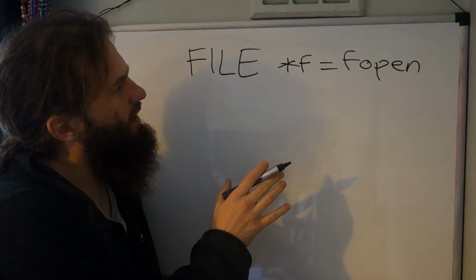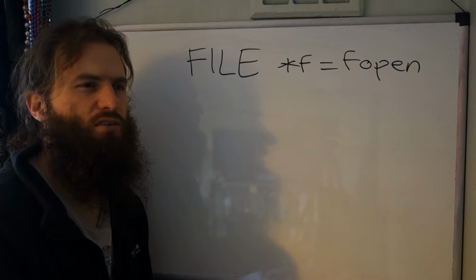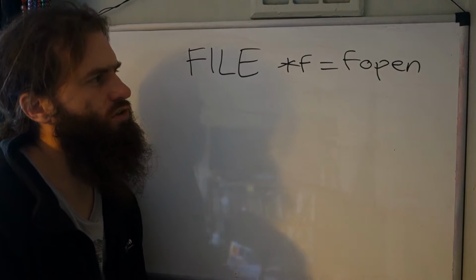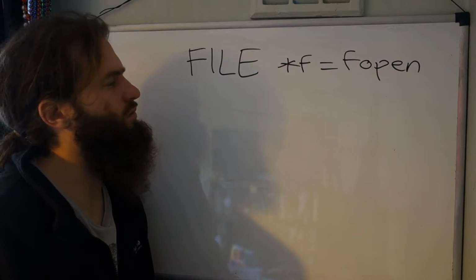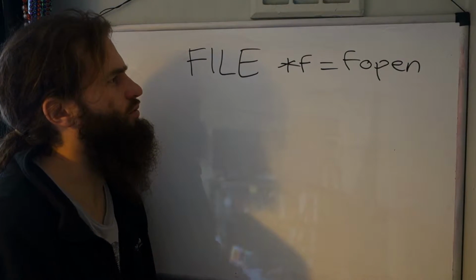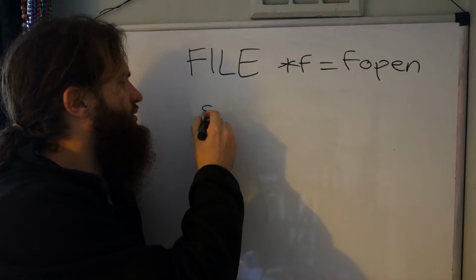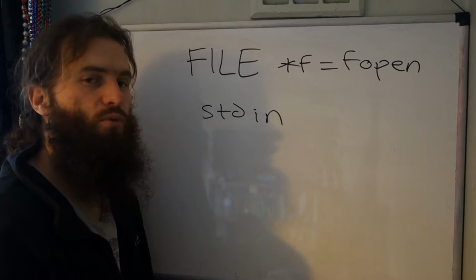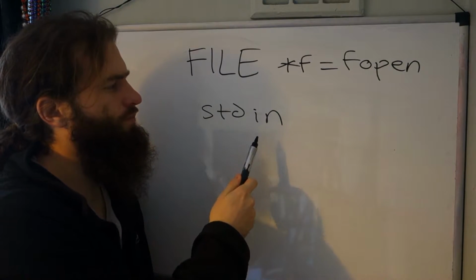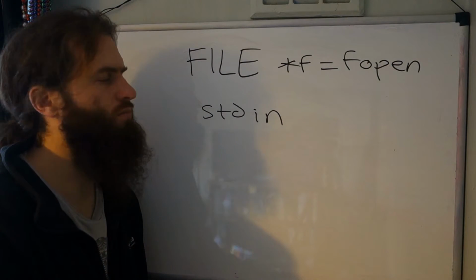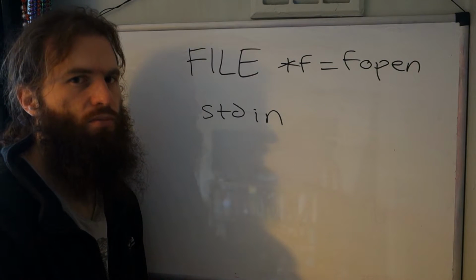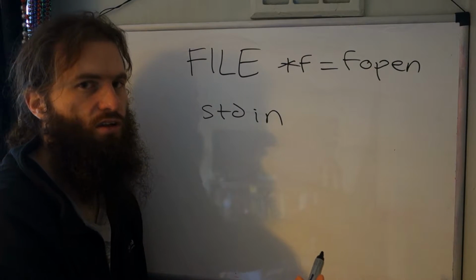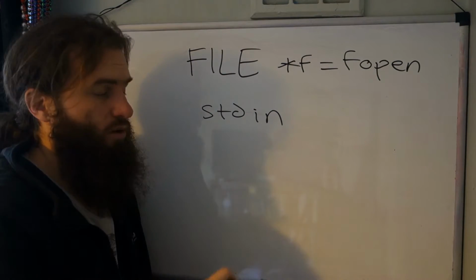Now, before we look at opening traditional files, like a text file, I just want to note three special files which we've actually seen before in some of our tutorials. The first is standard in. Ordinarily when your program starts, this is mapped to the command line input, the terminal that you execute it from, i.e. what you type in.